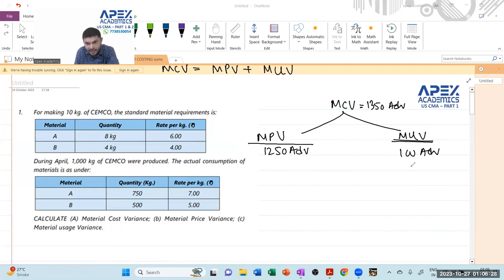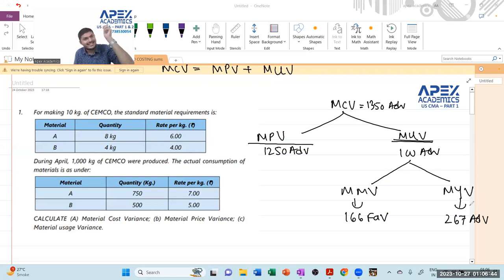But material usage variance is equal to material mix variance and material yield variance, where material mix variance as per our calculations is 166 favorable, and material yield was exactly 267 adverse. You can round it off as 266 adverse. And here you can see that this is 100 adverse, thereby making your material usage variance 100 adverse.